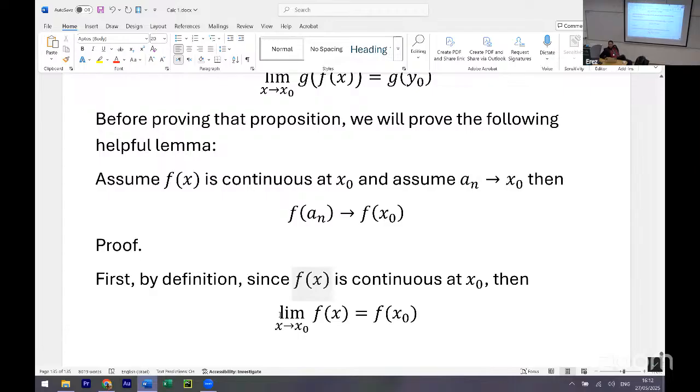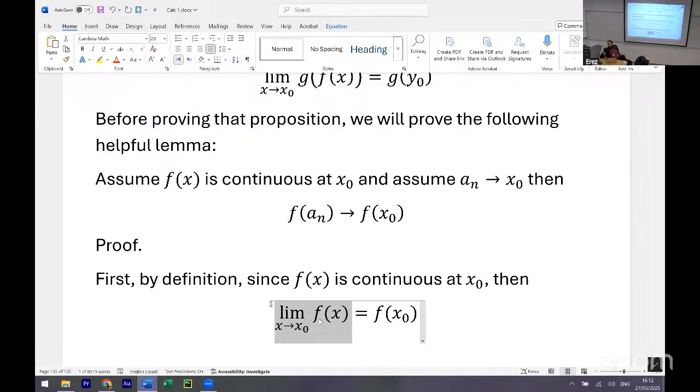And we know what the limit is when x approaches x0. So what can we do with these two? What's the definition of a limit of a function?